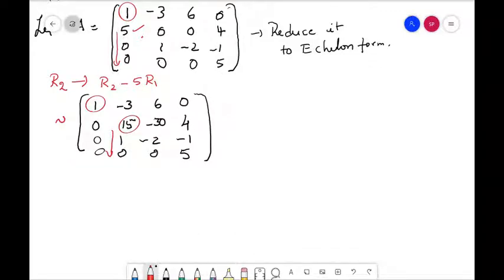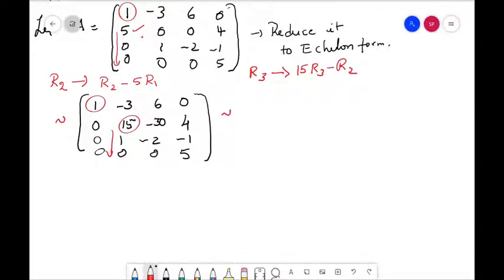So my next transformation is for R3. For R3 you have to make this 1 zero. So I will multiply R3 with 15: 15 times R3 minus R2.